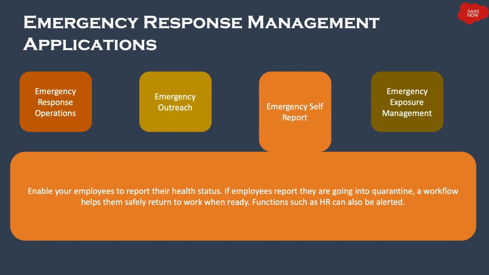So in this case, if one of your employees has to go into quarantine for 14 days or whatever days your government has enforced, he has to respond to his organization that he is going into quarantine. And in the same case, HR should also be informed. So with this application, HR can be alerted that this employee is going for quarantine.